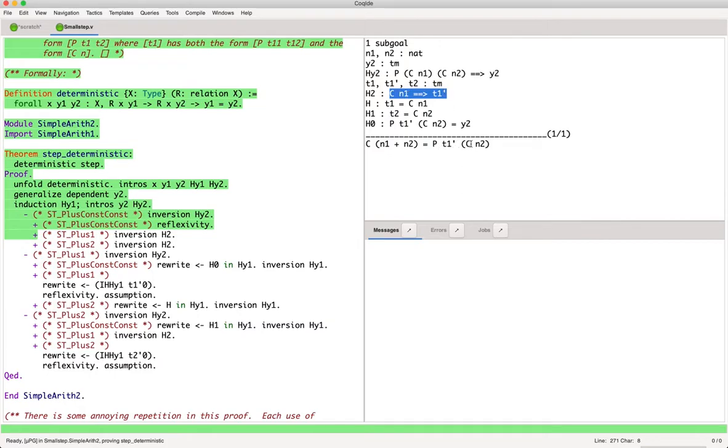So we get this result plus T1 prime Cn2. The problem is that there's no evaluation rule for this step that I've highlighted here. And we should expect that that's the case, because down here we've got a C equals a P. And we know that because C and P are different constructors for this type, they can't ever be equal. So we can get this one by just inversion on H2, because that step can't exist.